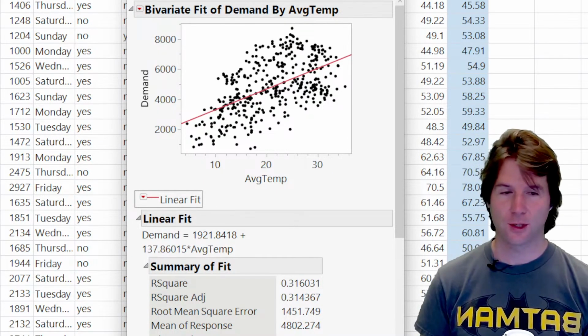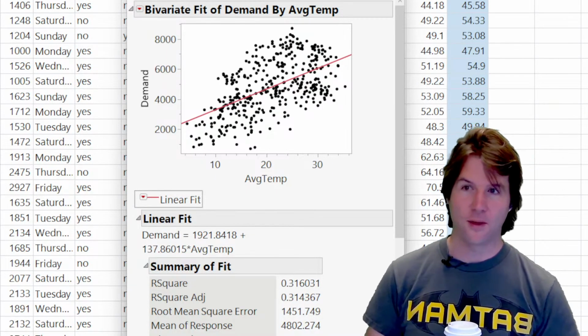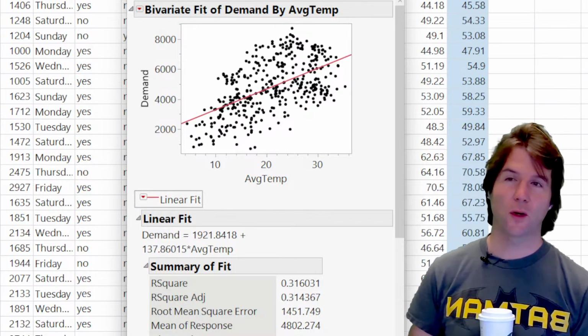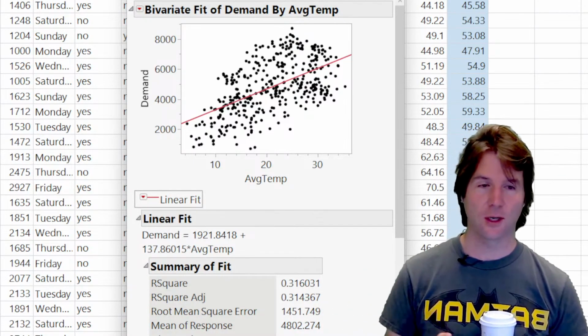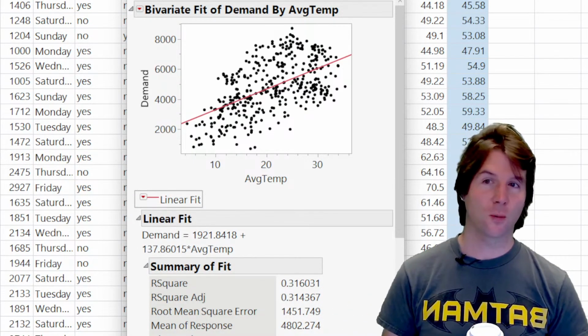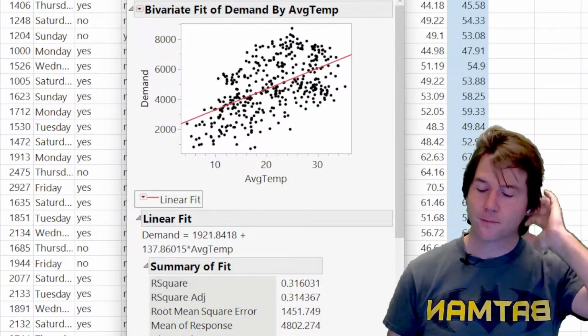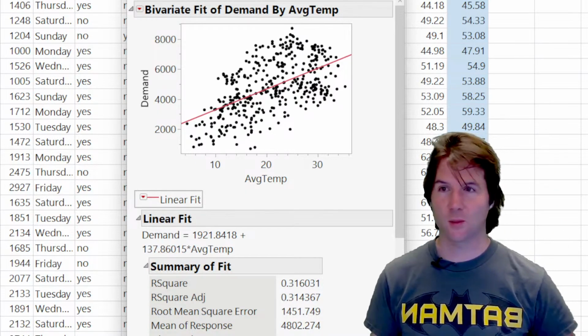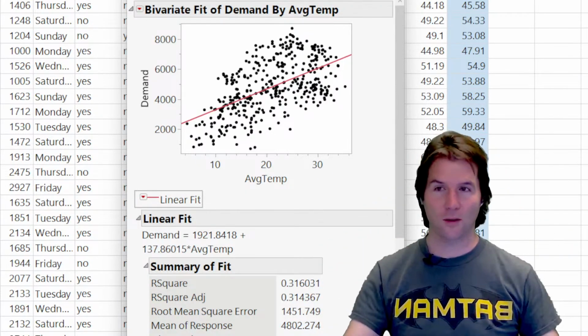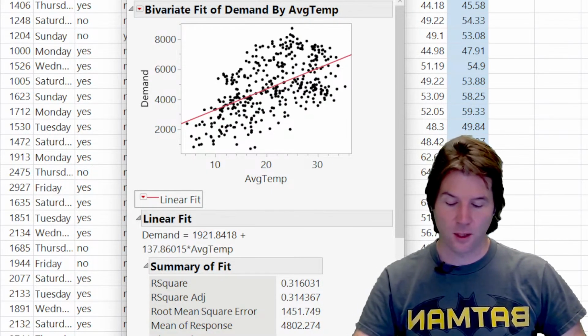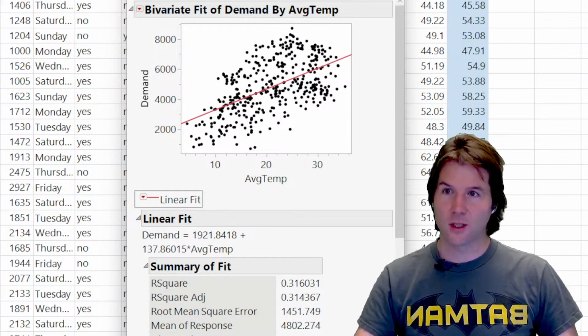I'll show you why it's not correlation in a moment. Then you multiply it by 100, because R-squared is a decimal to begin with, from 0 to 1. Multiplied by 100, that gives you 31.6% of the variation in the y variable explained by the variation in the x variable. So 31.6% of the variation in demand is explained by the variation in average temperature.